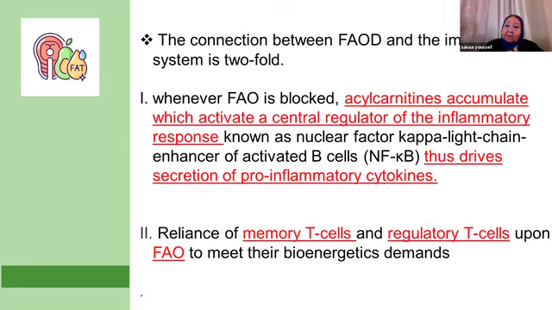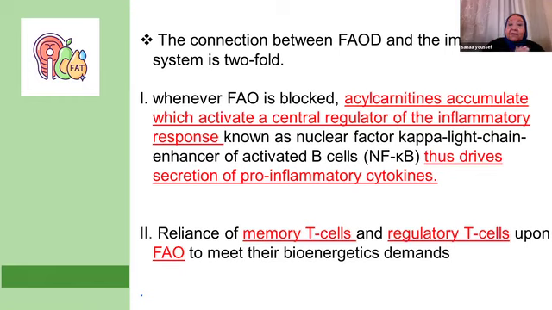Whenever the fatty acid oxidation is blocked, we have the accumulation of acylcarnitine, which is going to activate the central regulator of the inflammatory response, known as nuclear factor kappa light chain enhancer of activated B cells.